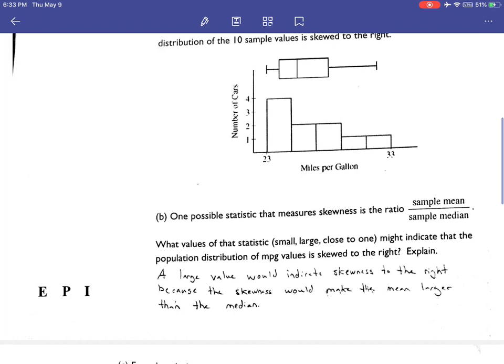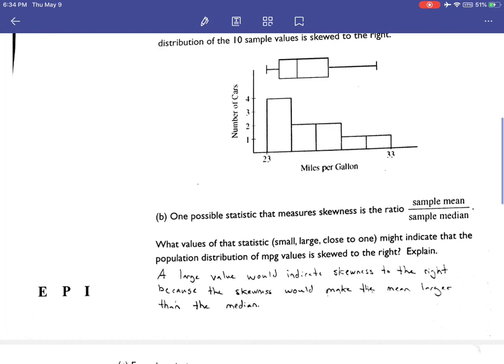So if we're skewed to the right, our mean is going to be higher than our median, which means that if we put it into a formula, a number higher than 1 is going to be saying that we're skewed. If it's symmetric, then our mean and median line up together. When we divide those, it comes out to 1 if they're the same number. So if it's larger than 1, it's going to be skewed to the right.